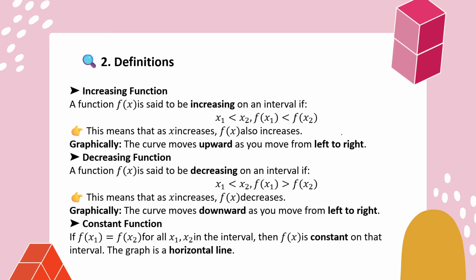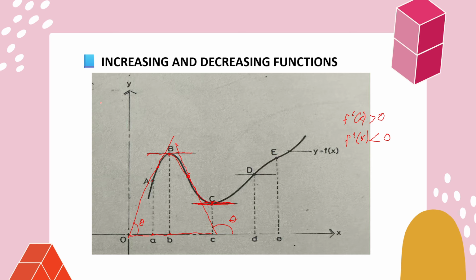This means that as x increases, the function also increases. If we graph that, the curve moves upward as we move from left to right. That is the graphical representation of an increasing function.